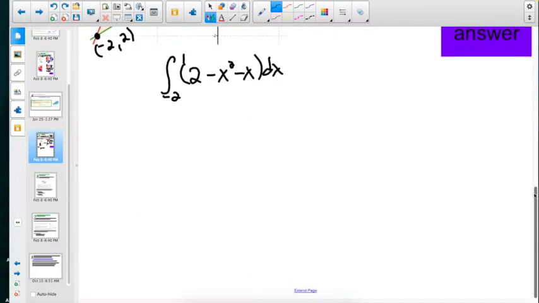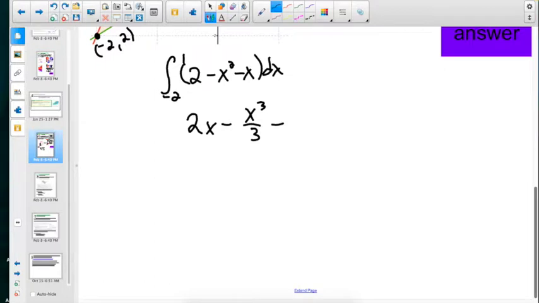Definitely. Okay. So when we integrate 2, we get what? 0. I disagree. When we take a derivative of 2, we get 0. Oh. 2x. When we integrate x squared, we get x cubed over 3. Exactly, it's the same thing.